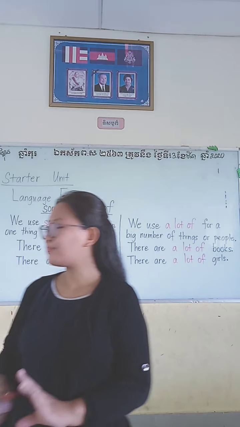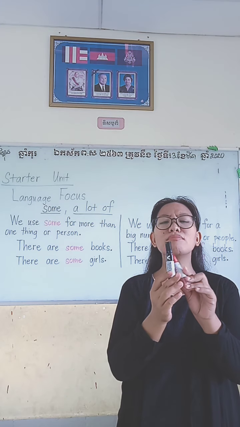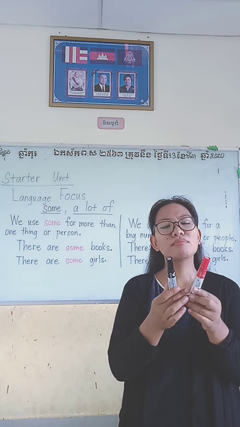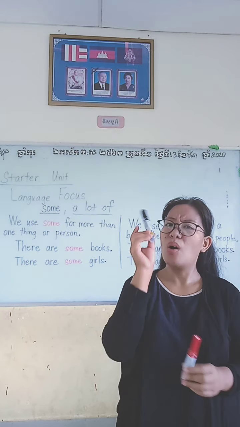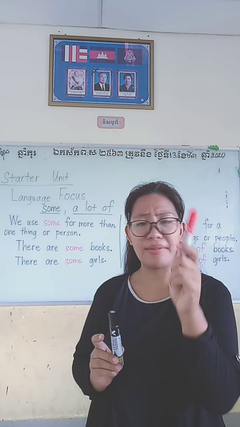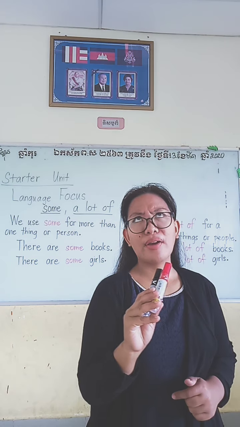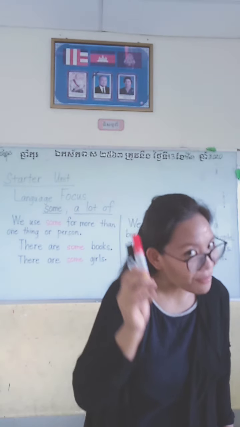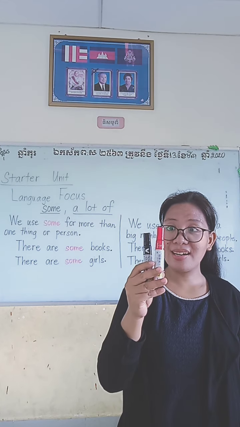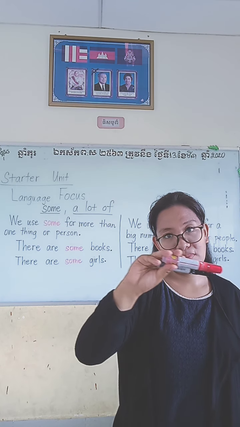Next one. Two markers. One black and one red. What will be the answer? You are right. There are some markers.